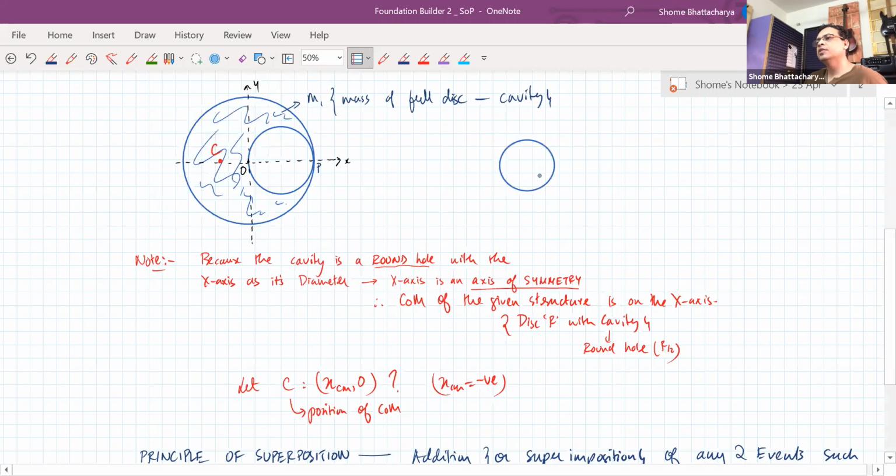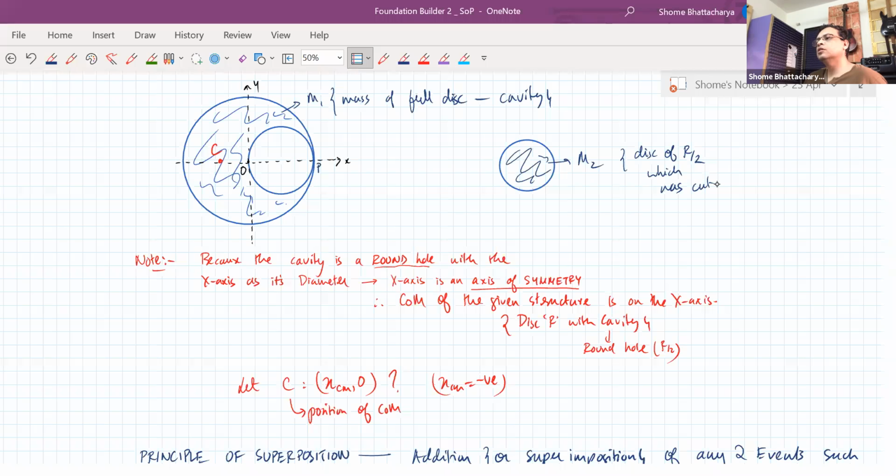So my second event is this mass m2, a disk of radius r/2 which was cut out. If I superimpose this smaller disk back into the cavity, then the resultant will be a full disk, which is easy to understand because it's fully symmetrical.